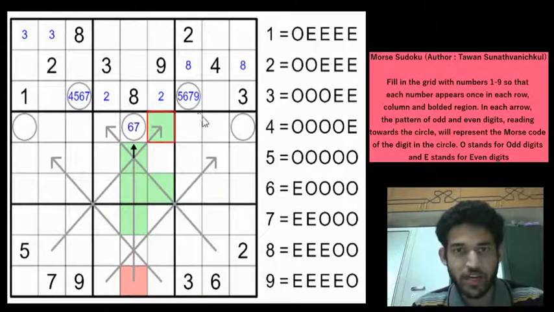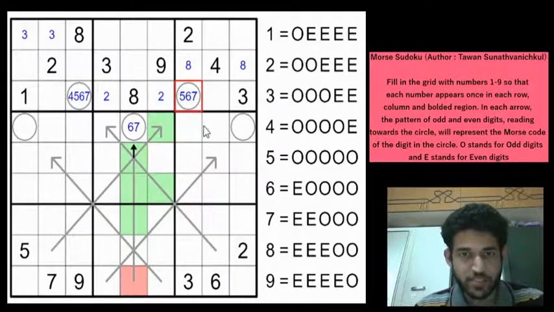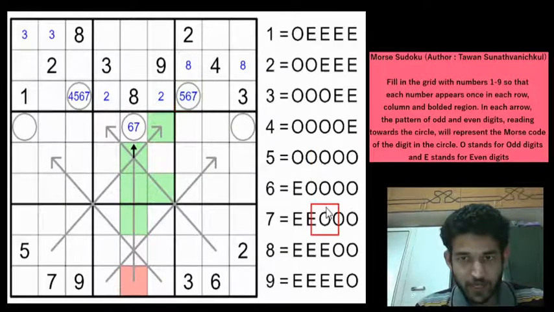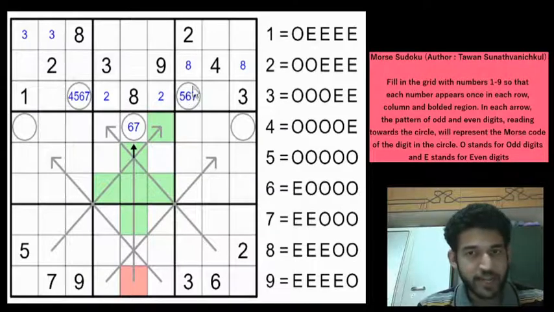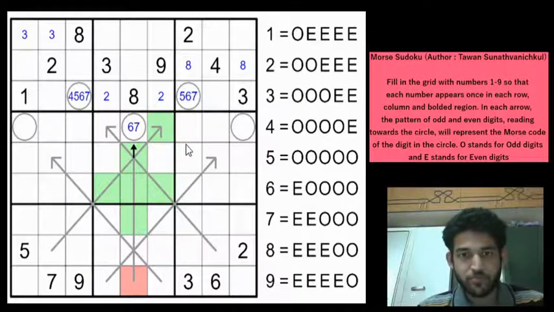So you can eliminate 9 from here. So this will be 5, 6 or 7. And now between 5, 6 and 7, the middle digit is odd. So this cell will be odd regardless of whether it is 5, 6 or 7. So we can mark that. And there is no other commonality between the first two digits, right? So these are the candidates and we cannot eliminate any further.